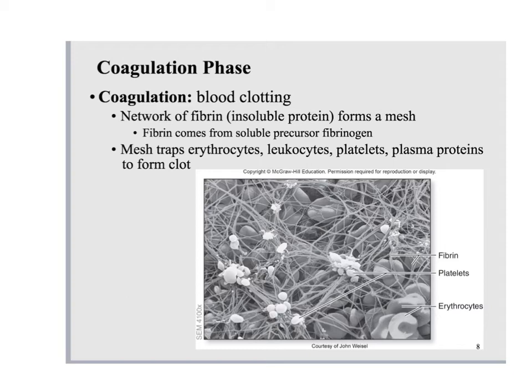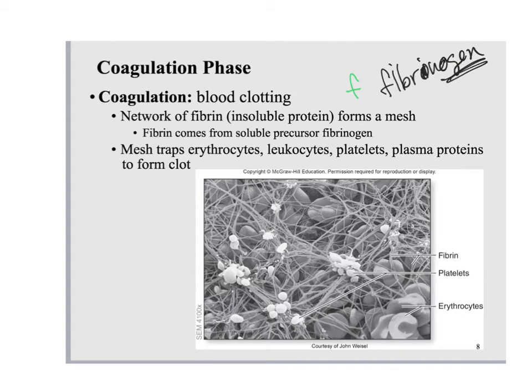Okay? So fibrin is an insoluble protein, but it exists in blood plasma as fibrinogen. Fibrinogen. No, fibrin, that's an I, O-gen. Okay?